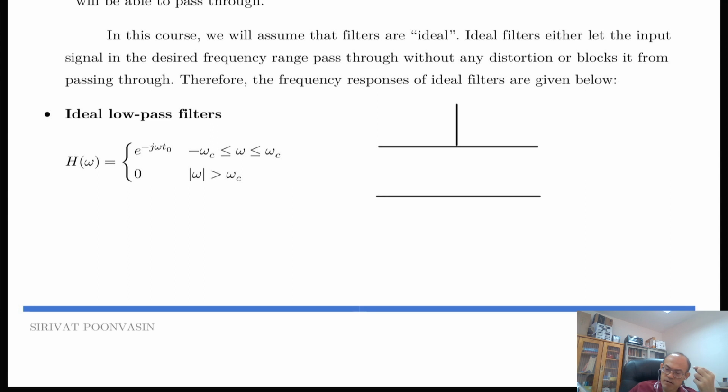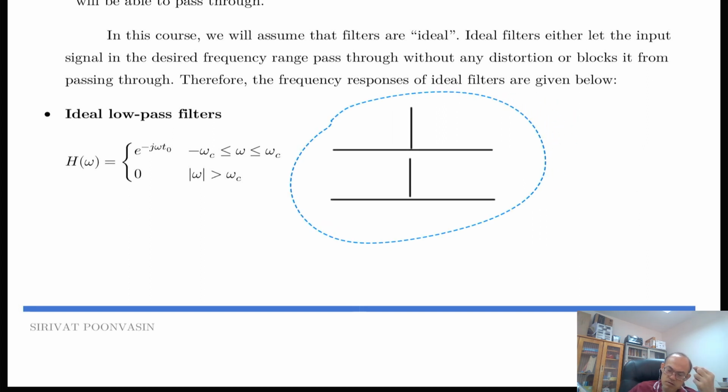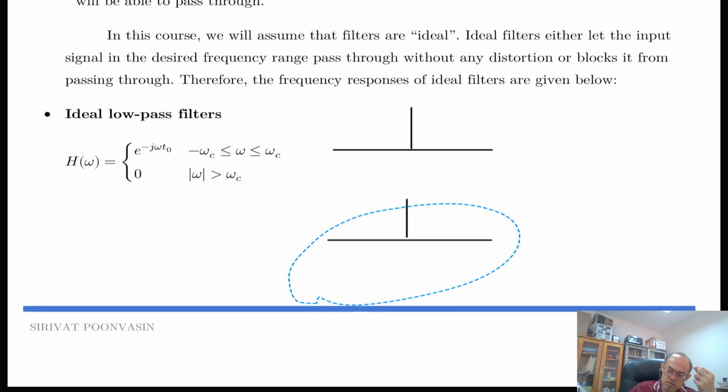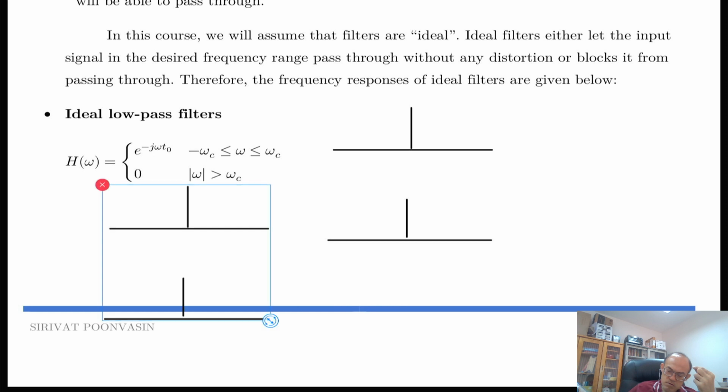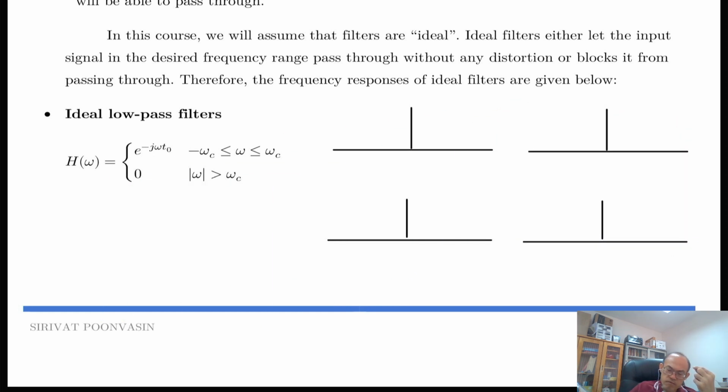So if we plot the graph of the frequency response of each type of filter, there are four, right? If the frequency response looks like this, you see, at lower frequency, it passes through better than at higher frequencies.